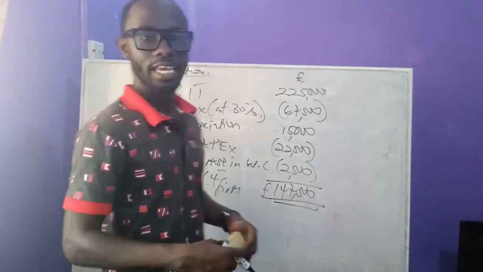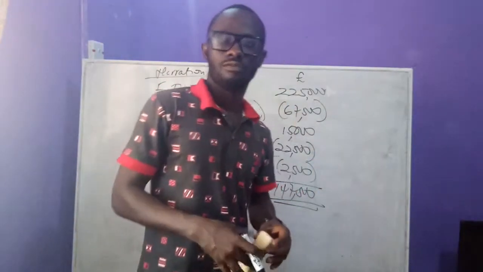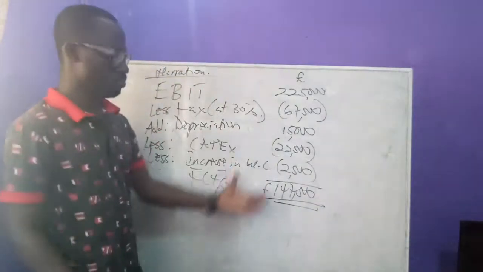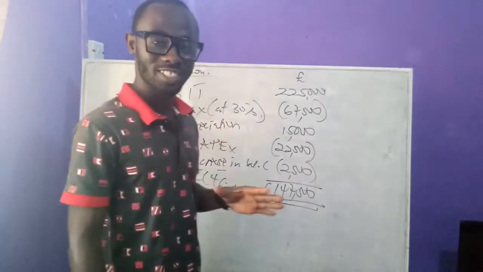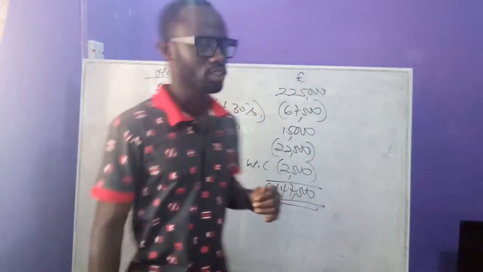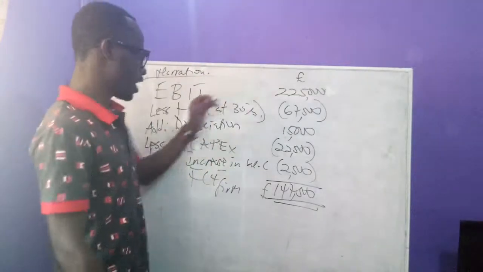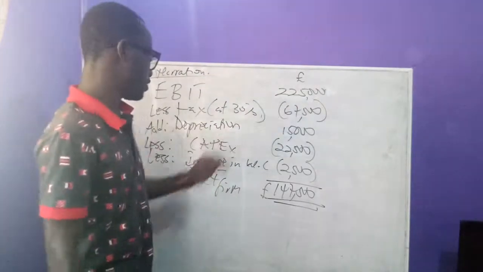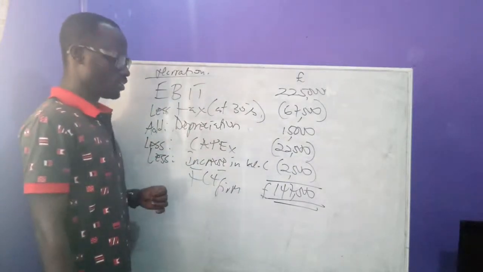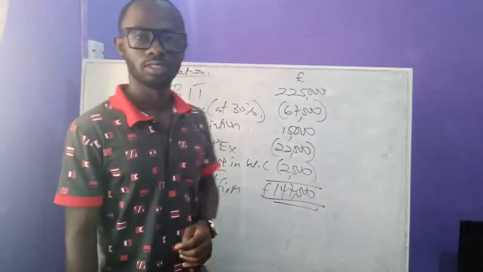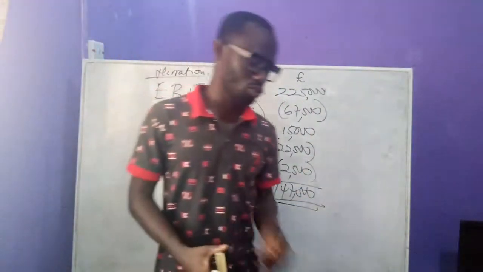Meaning, this is the money available to the company to pay to the finance providers for the period. That's it. Very simple, straight to the point. So that is what you need to understand about free cash flows to firm. Earnings before interest and tax, less your tax, add depreciation, less capital expenditure, less increase in working capital, and boom, sum them up, and that gives you your free cash flows to firm.